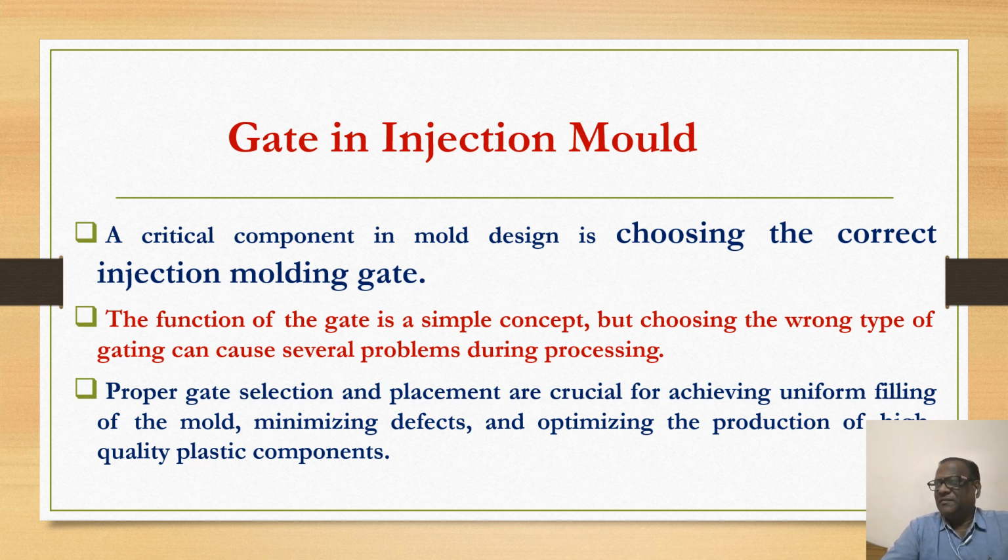The function of a gate is very easy, because its job is only to make the material enter your cavity, but choosing the wrong type of gate will cause a lot of problems during processing, and finally your product will be rejected. So proper gate location and proper selection of the gate placement are crucial for achieving uniform filling of the mold, minimizing defects and optimizing the production rate and quality of the plastic components.